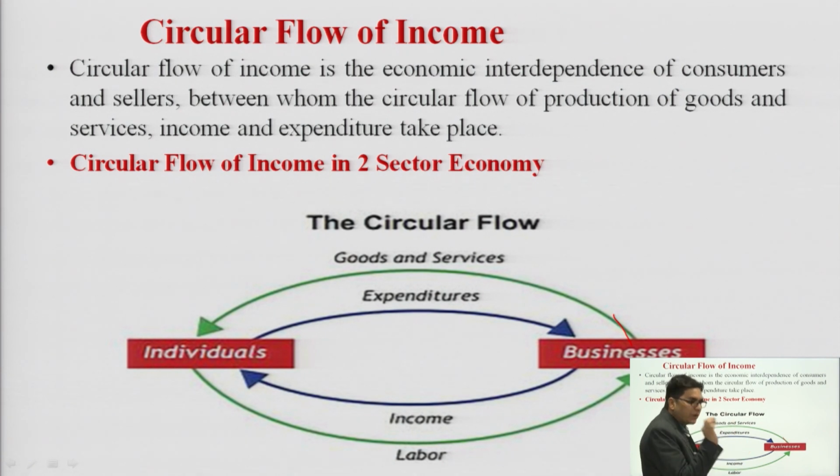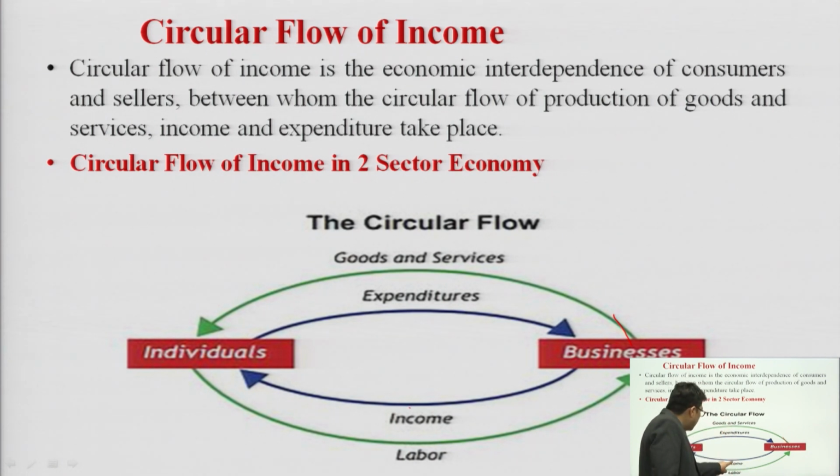I repeat, in the two sector economy there are two main elements that we have to focus on: individuals and business houses. Individuals, who are the laborers and workers, work in a number of companies where they produce various goods and services, and in return they get income, in terms of salary and wages.